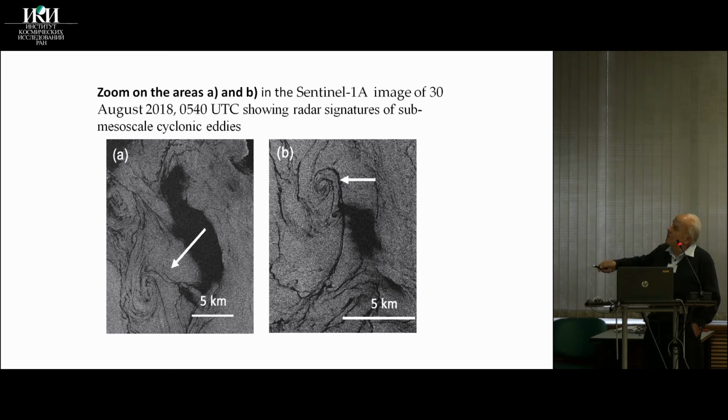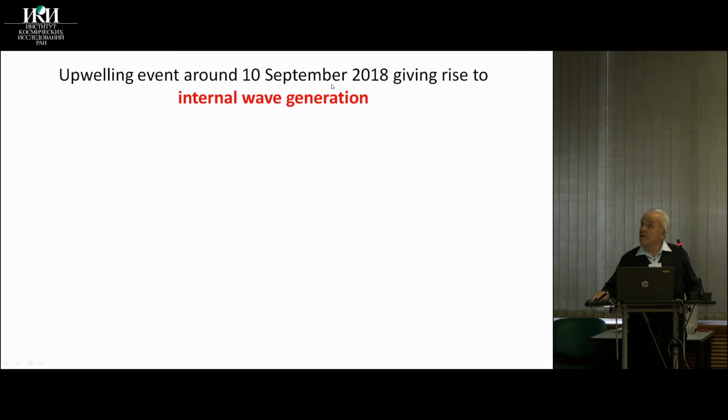So this is a line feature, and then it joins this eddy. And now I go to another feature that is often associated with upwelling.